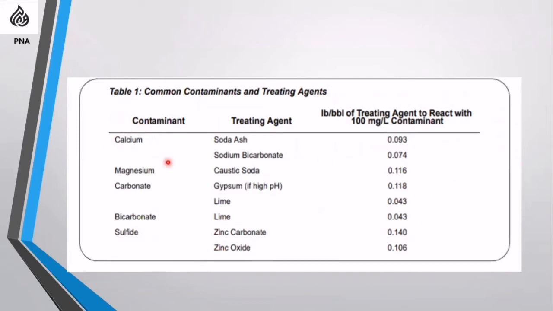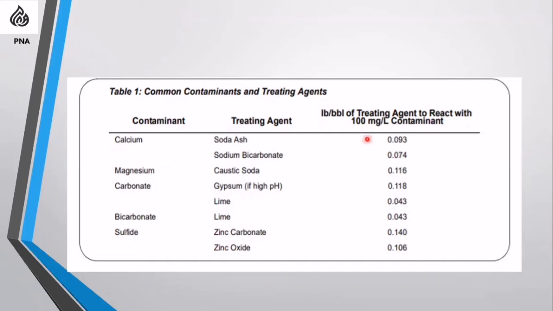For example, if we measure our calcium in the mud and find it is 1000 milligram per liter, we want to treat this 1000 milligram per liter of calcium. We treat it with soda ash.